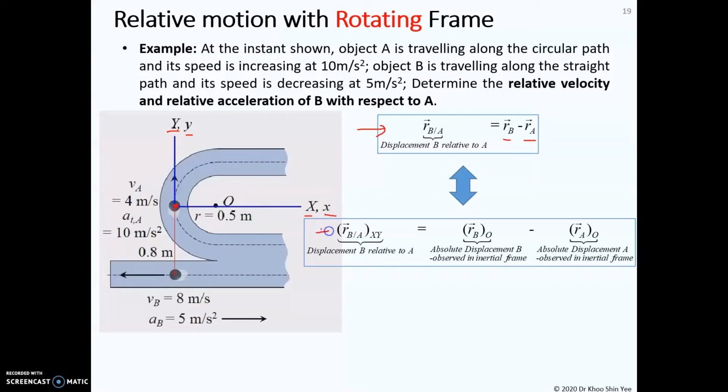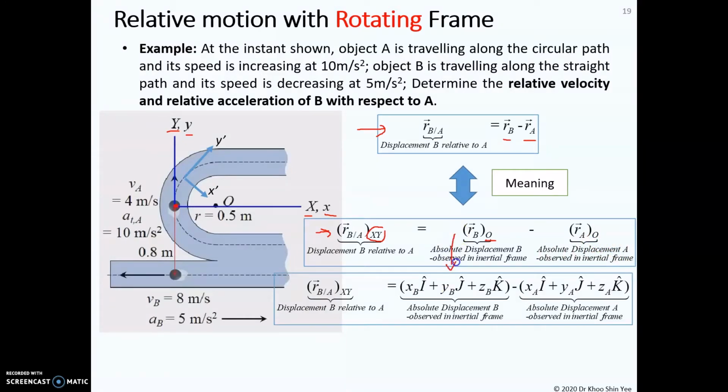What we are interested in is to find the displacement of B with respect to A in the inertial frame. It can be found by using the absolute displacement B observed in the inertial frame O, minus the absolute displacement A observed in the inertial frame.